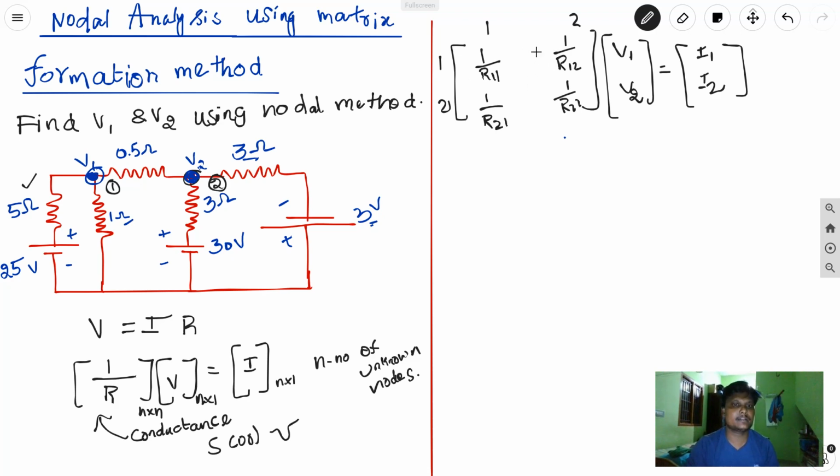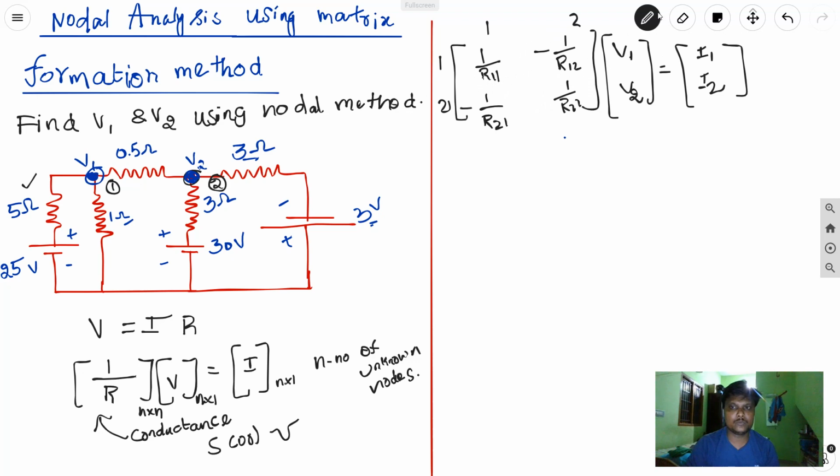The same we did in mesh analysis also. So in this conductance matrix, 1 by R12 as well as 1 by R21 are both off diagonal, so I need to put a negative: minus 1 by R12, minus 1 by R21. Okay, this is the general matrix for a nodal problem having two nodes. Now let's try to understand the individual elements here.